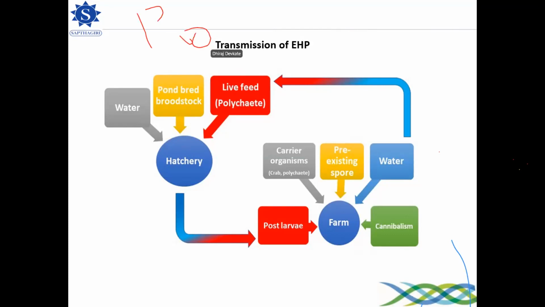So once the creek is contaminated with EHP, the polychaete also gets a chance to have EHP spores in the body. But the polychaete is not a host for EHP. In the same way, Artemia biomass also.